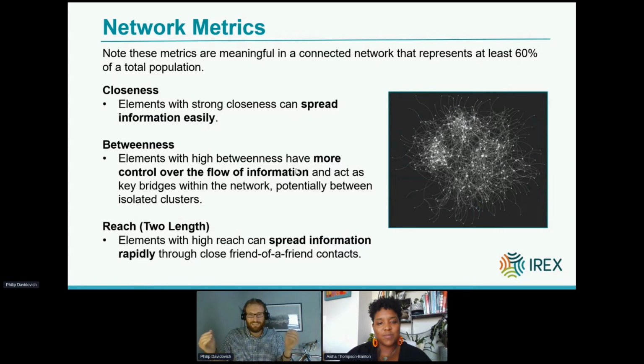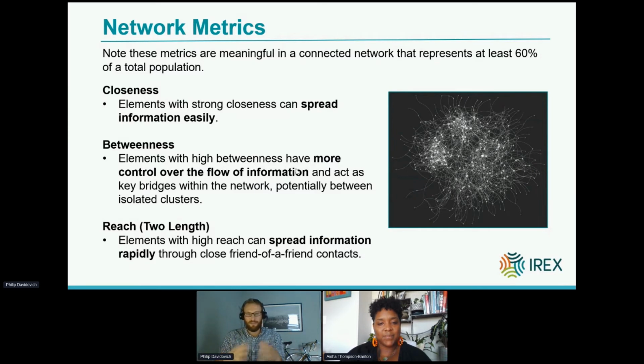Betweenness is essentially analyzing that information flow. This might be a little jargony, but when you analyze how information flows from one person to another in a social network, you can sum up all the different routes that exist within the network. The betweenness score that any one individual gets represents the percentage of those total paths that go through that person.